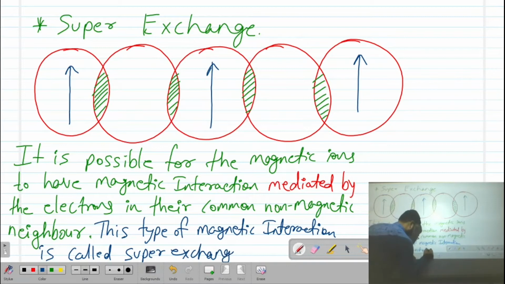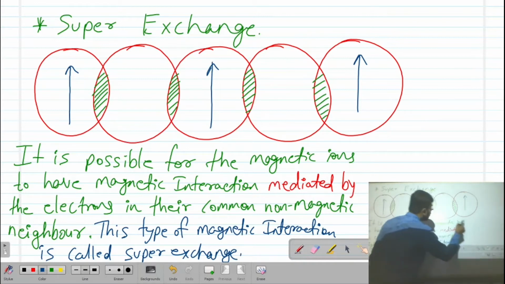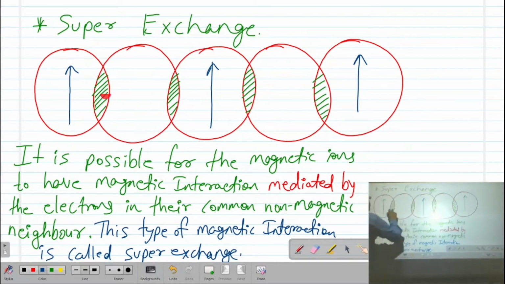Means, you see, you have interaction between two ions, but in between these two, this is non-magnetic, and the interaction between these two magnetic dipole moments is being mediated.